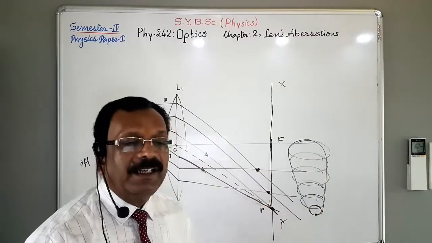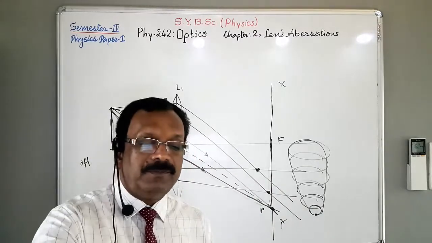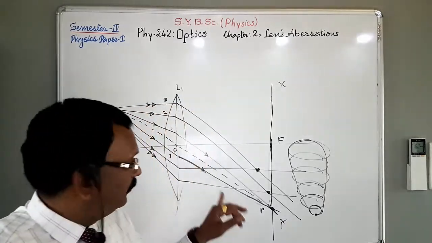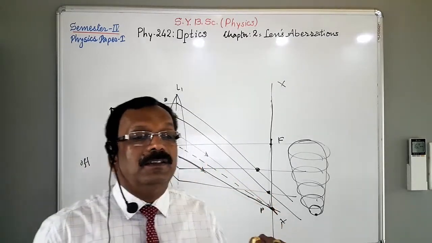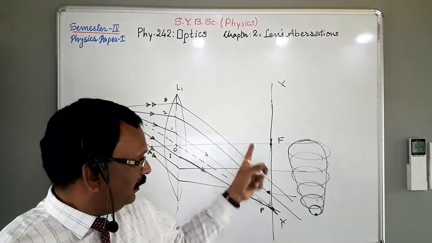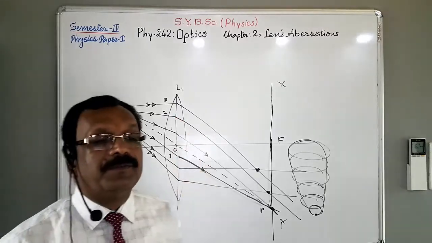Now I am going to explain in detail how this happens. See here, this figure illustrates the presence of coma. This is the defect in the image produced like this.